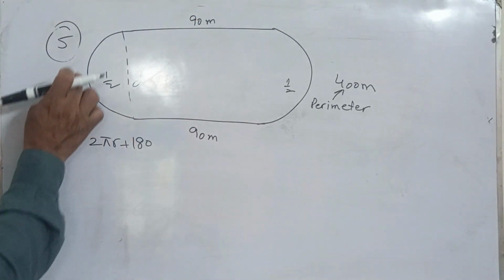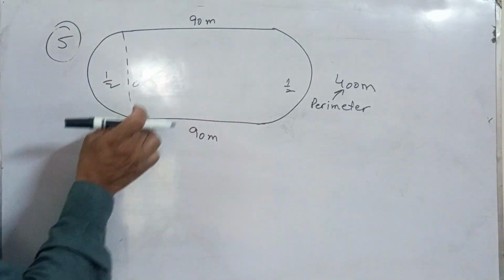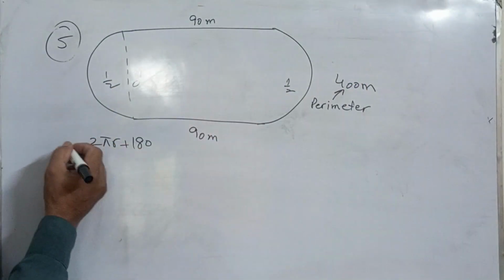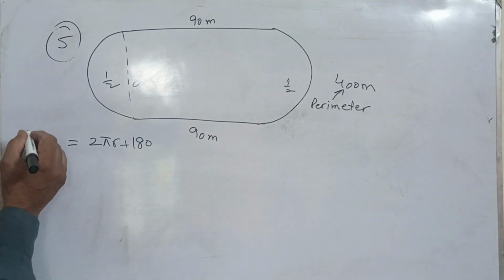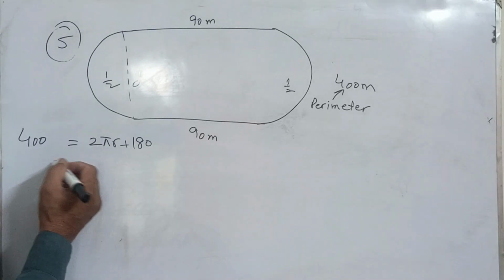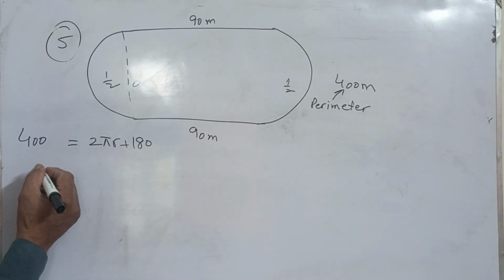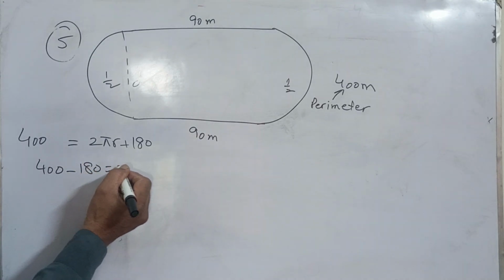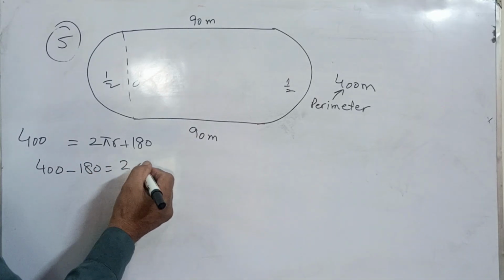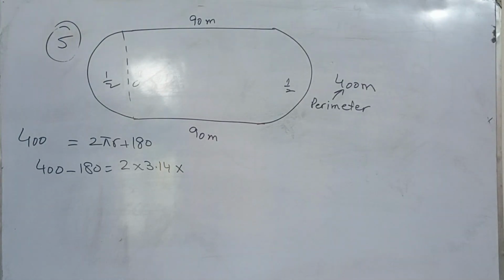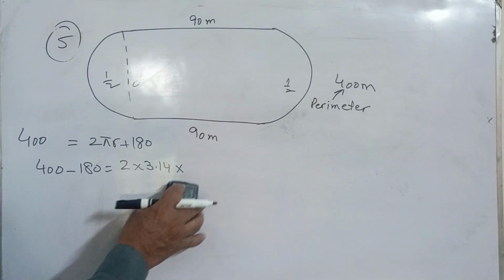The only thing given to us is the perimeter, so this is equal to 400 meters. So my dear students, just bring this over here: 400 minus 180 is equal to 2 into 3.14 multiplied by r.